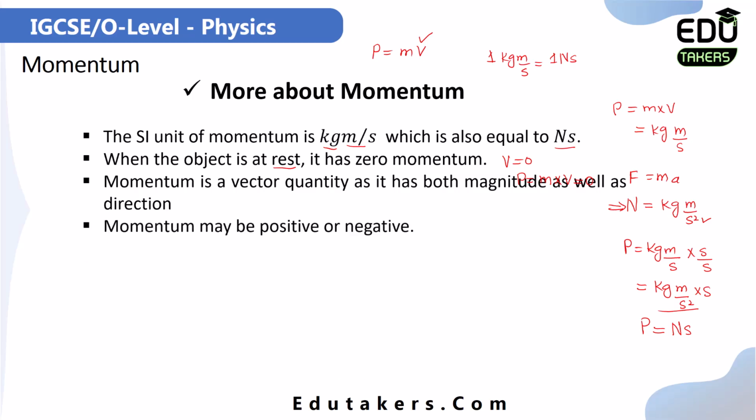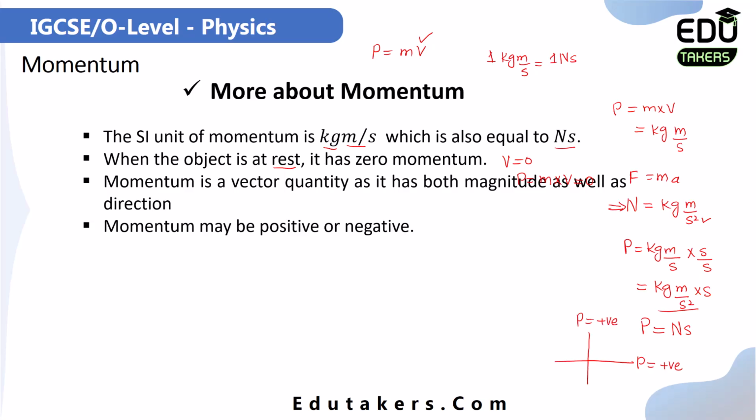The momentum may be positive or negative. When the momentum is positive and when the momentum is negative, it's very similar to the velocity. If I make here a system, all the momentum that are towards right are taken as positive. Also the upward momentums are taken as positive.